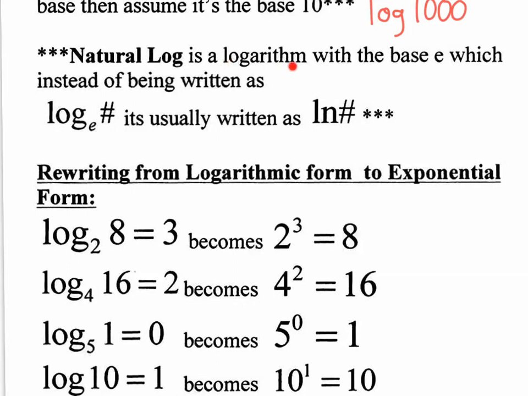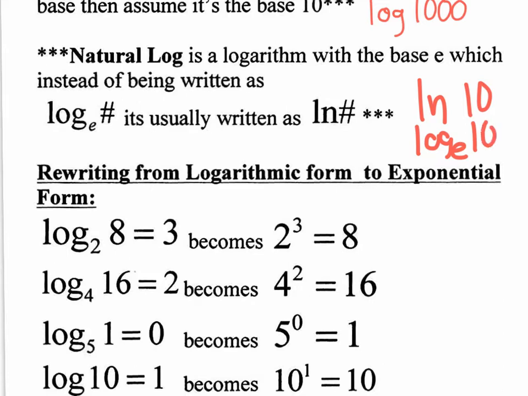But anyway, if we go back to natural logs right here, what is a natural log? It's a logarithm with base e, which is that irrational number 2.72, right? And instead of being written as log base e, it's usually written as ln, okay? So if we have ln of, let's say, 10, well, that's really saying log base e of 10.